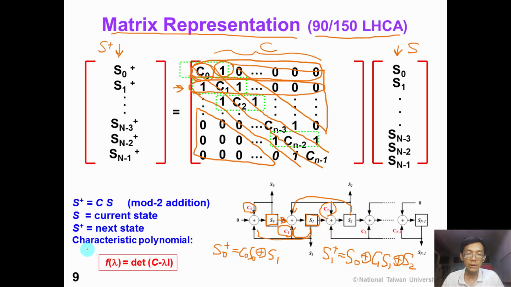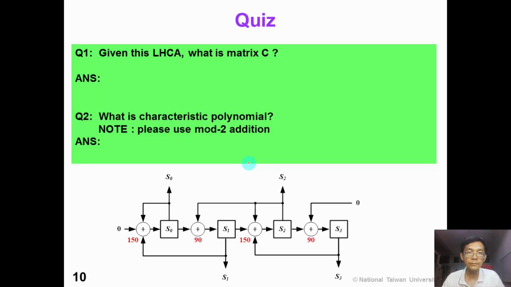The characteristic polynomial is equal to f(lambda), which is the determinant of C, which is the middle matrix here, minus lambda I, which is the identity matrix. Now it's time for quiz again. Given this cellular automata, what is the matrix C?